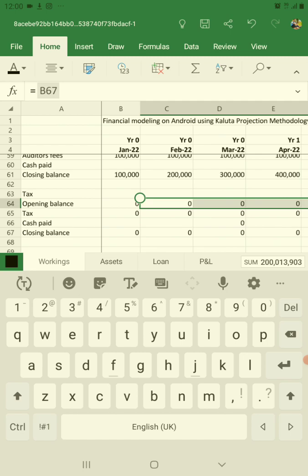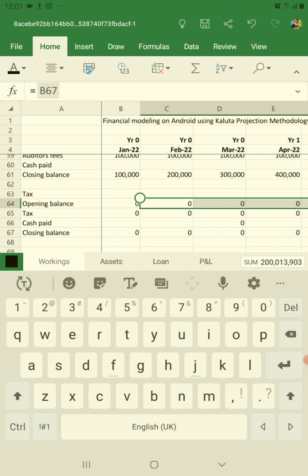Cash paid, let us go and adjust our cash payment in cash flow, because we didn't add tax payments in cash flow up to now, so we are just doing it right now.